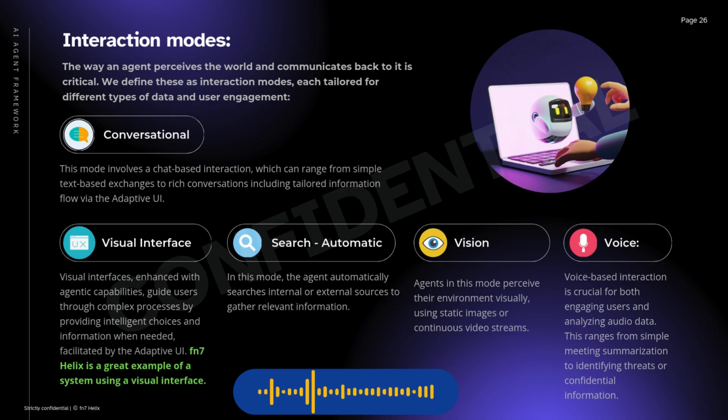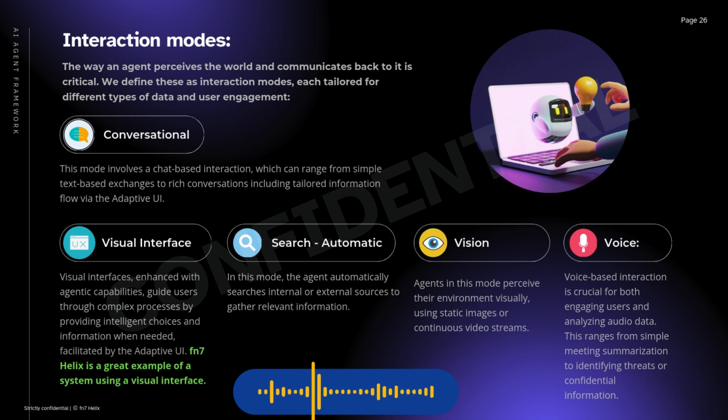But conversational mode can be used for a lot more than just chatbots. Imagine an AI agent that can analyze meeting transcripts, extract key takeaways, and even summarize those insights for busy executives. Wow, that would be a huge time saver. It would. No more spending hours sifting through those lengthy meeting notes.